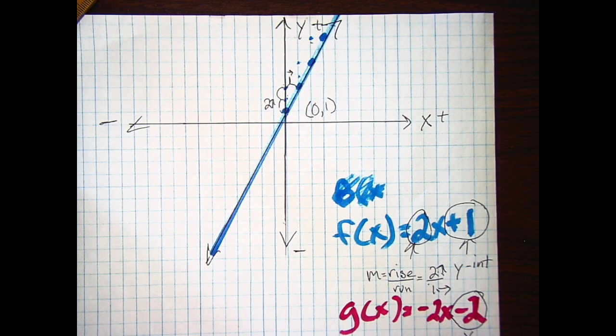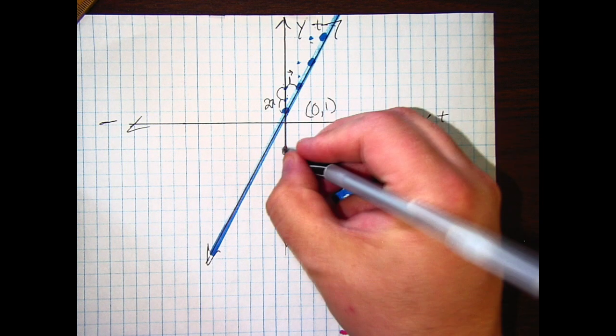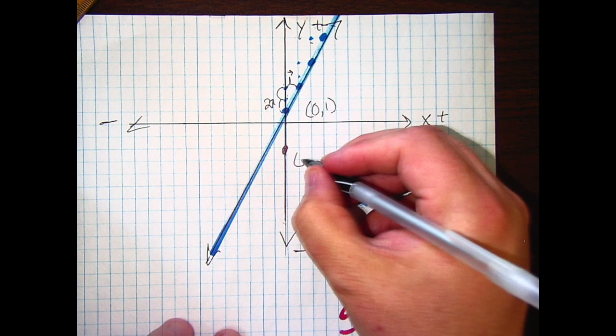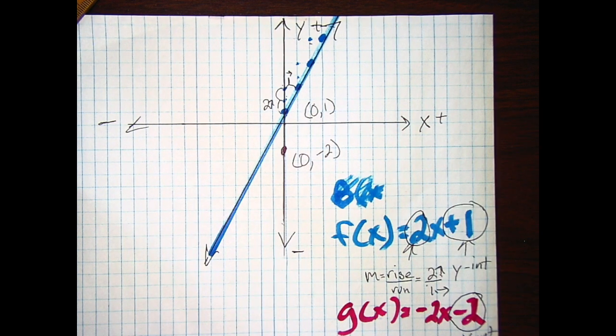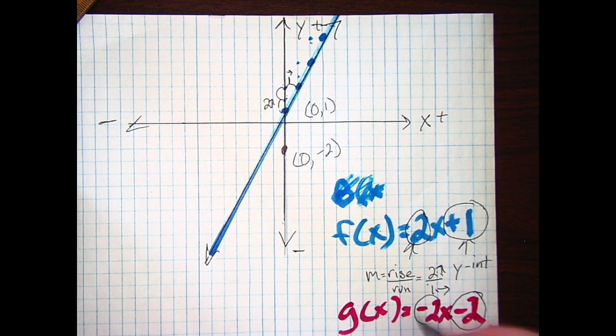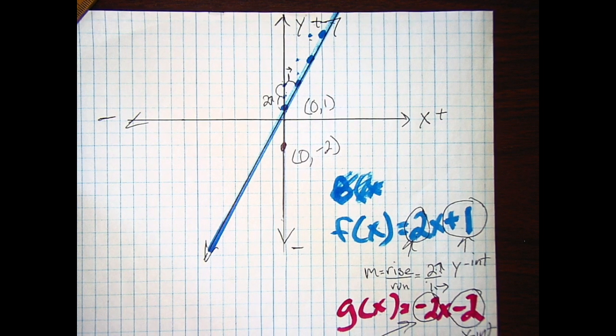So I'm going to come on the y-axis and go to the negative 2. In other words, this is going to cross the y-axis at 0, comma, negative 2. However, the number in front of the x, which is called the slope, sometimes referred to as the letter m, which is the rise over run, can be rewritten as a fraction: negative 2 over a positive 1.